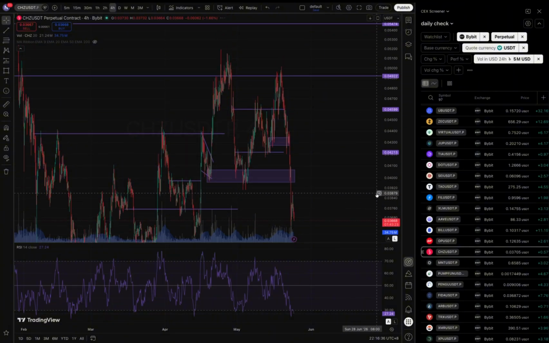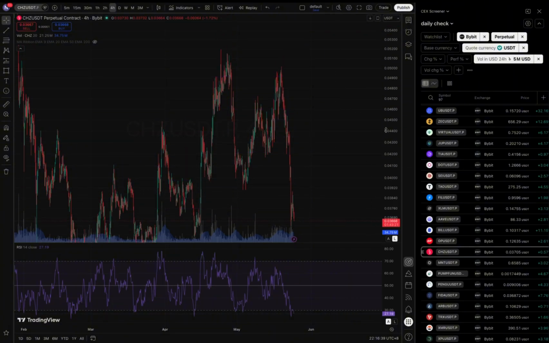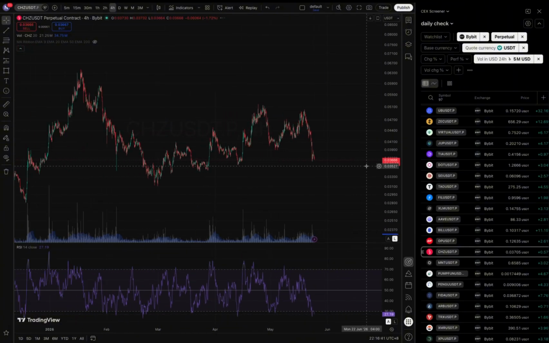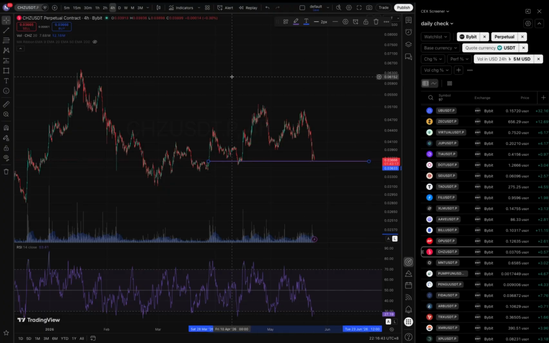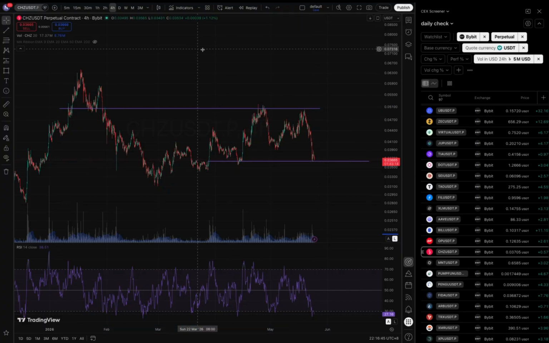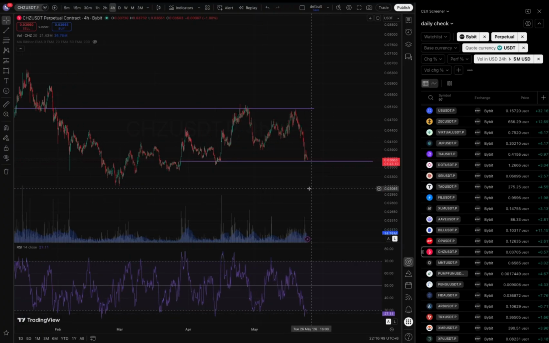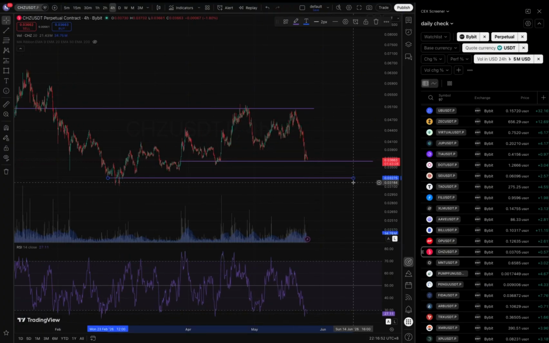Oh, yes. This is chaos right here. There you go. That's your range. Now it's within the area of value. We just have to wait if it would move lower or higher.